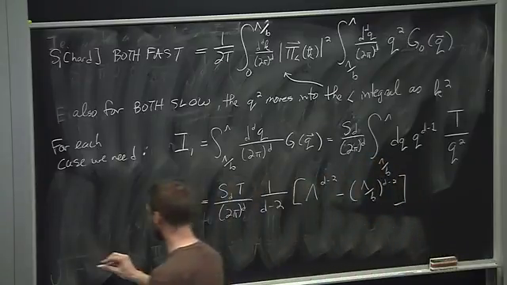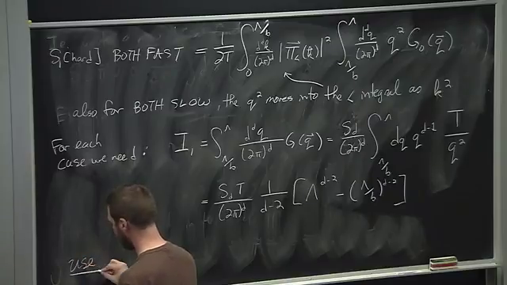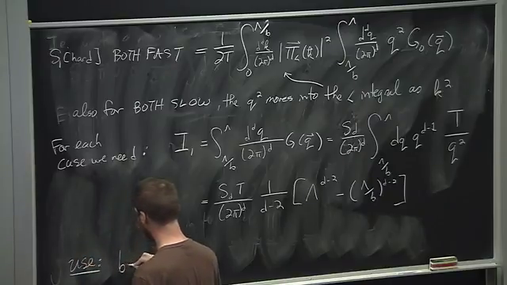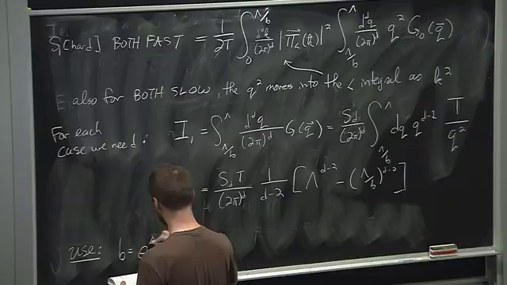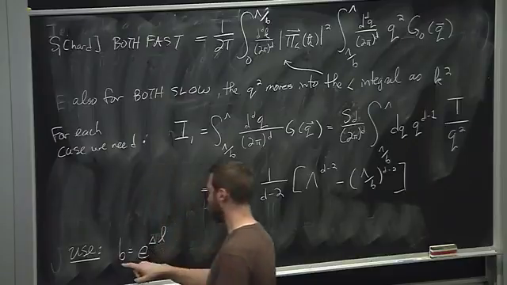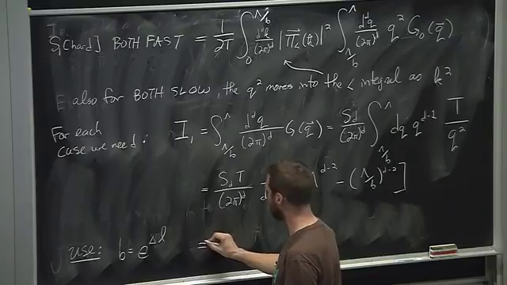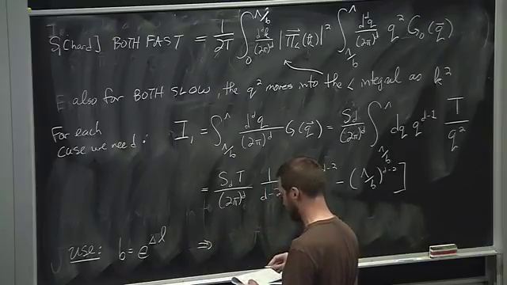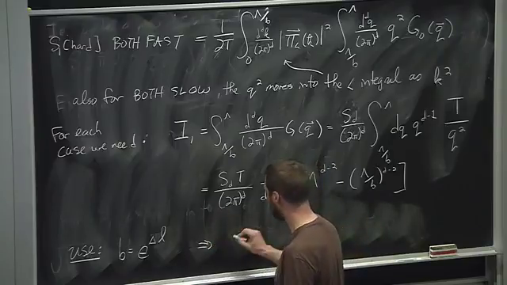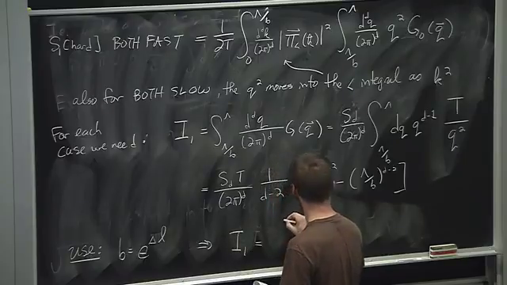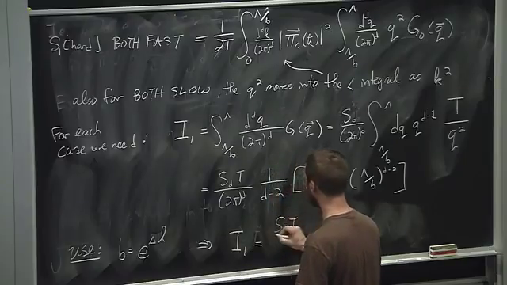And we can also use, which we will later, to write in differential form. B is e to the delta L, which implies that this thing, I1, is just S dt.